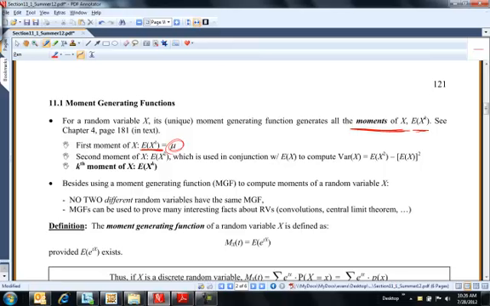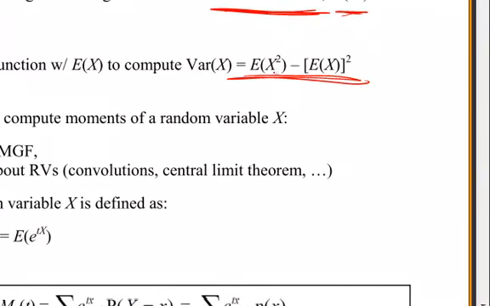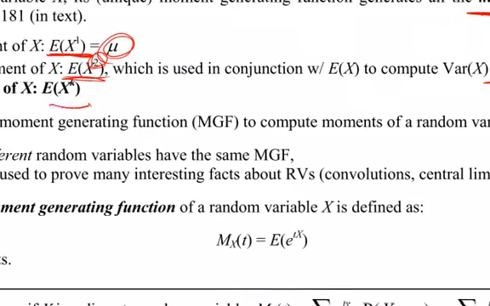The second moment is the expected value of x squared. That's why I say second moment. This isn't the variance, but we know that the variance is the combination of the second moment minus the first moment squared. The kth moment is just the expected value of x to the k. And there are other things we can find with moments, like skewness.